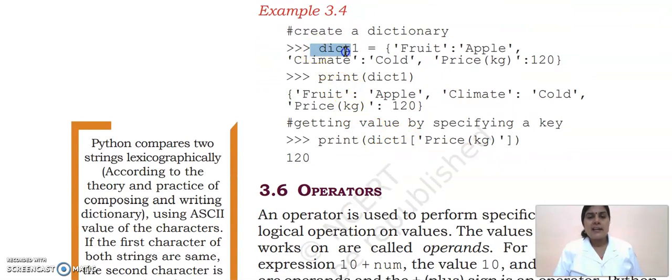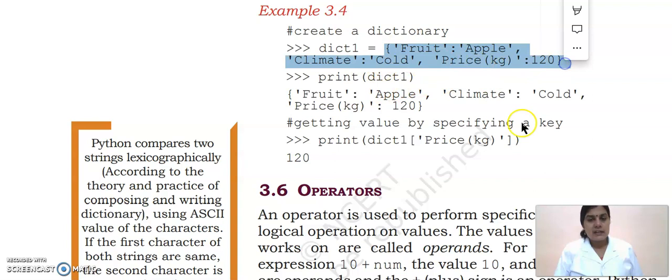This is a dictionary. It starts with a curly brace. There is fruit colon apple. This is a single element in which the key is fruit and the value is apple. Here the key is climate, value is cold. Key is price, value is 120, and so on. If we print this dictionary, this is printed.